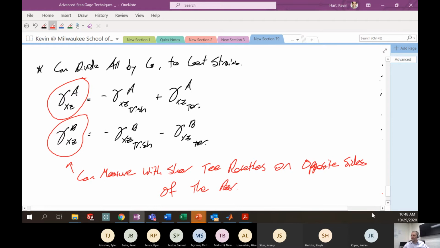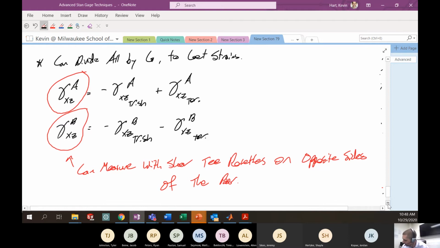Okay, and if I wanted to actually measure those values on opposite sides of the bar, I could do that with the following arrangement.